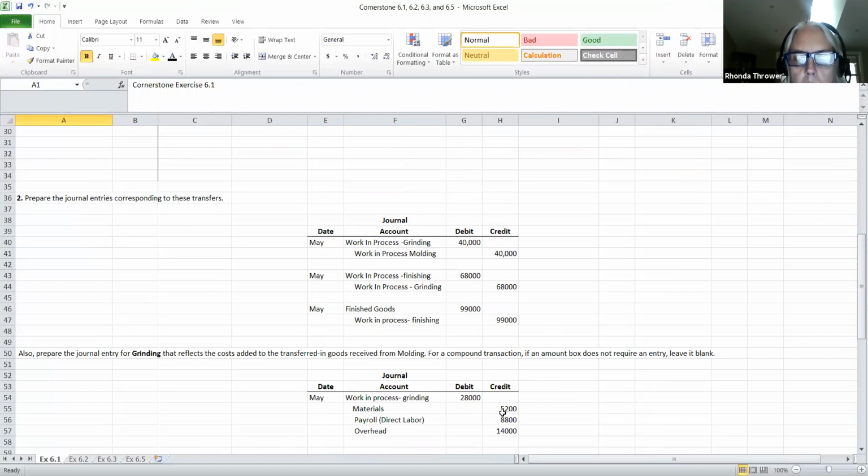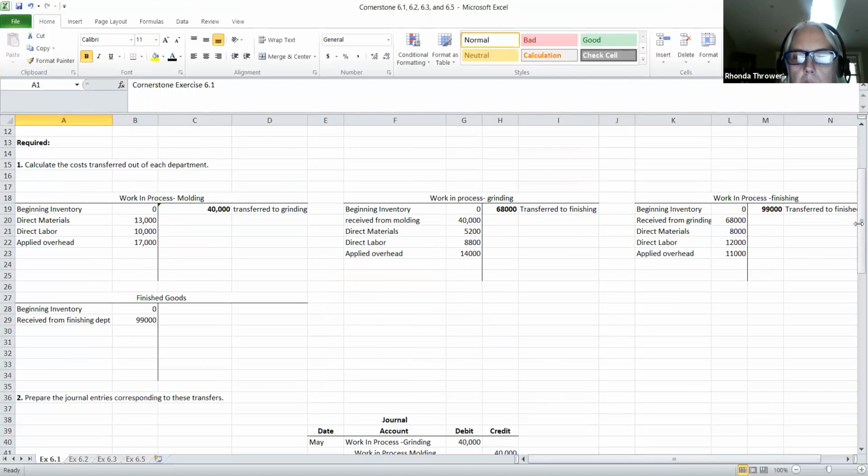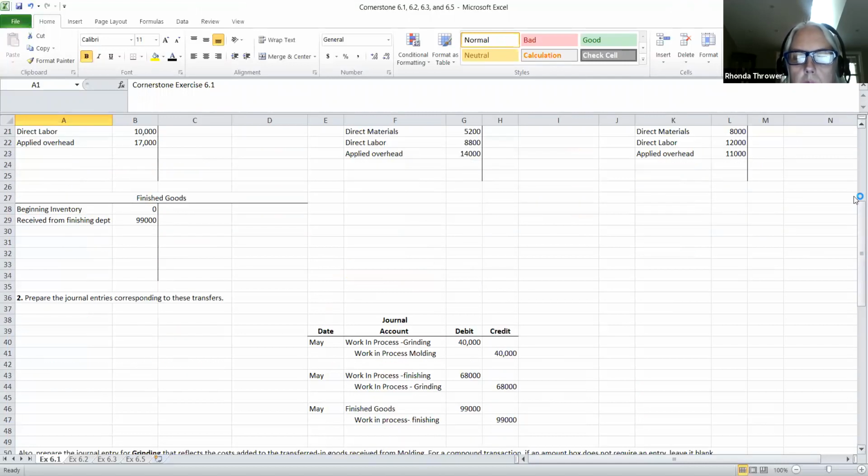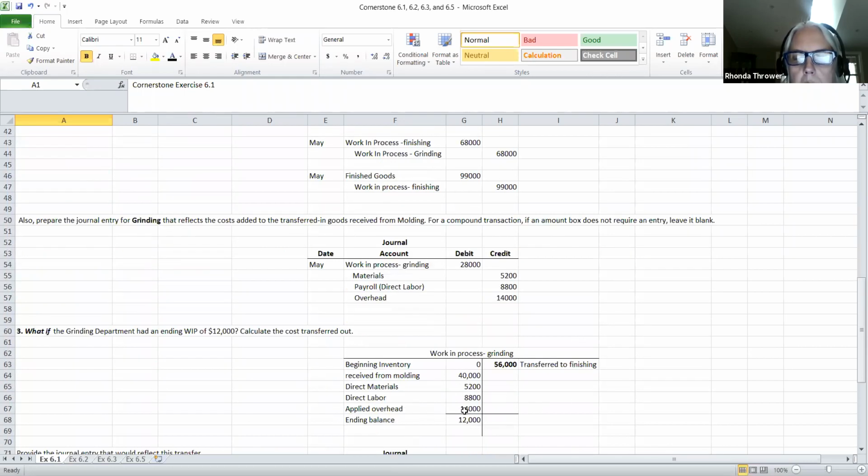That was the total of the materials and the labor and the overhead that were added in this account here. So the work in process grinding department would have increased by 28,000 here.